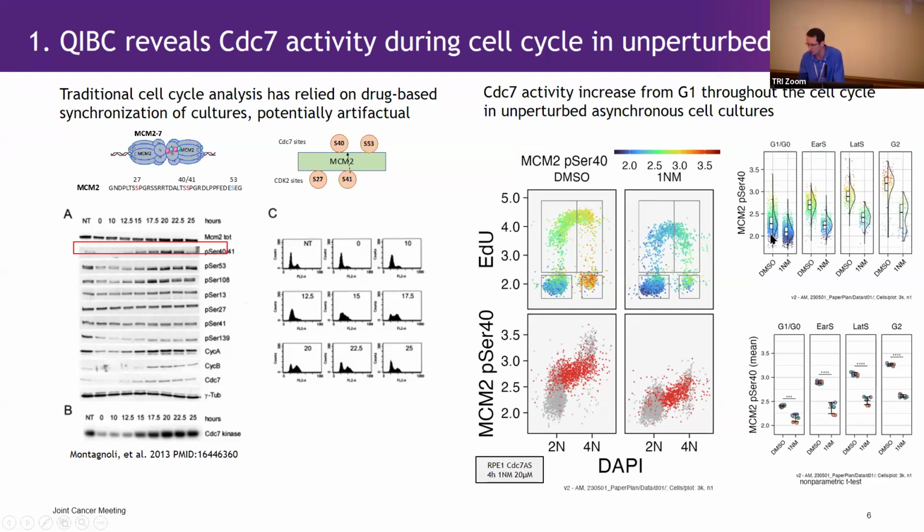We can already appreciate that CDC7 activity, although it's a kinase that regulates DNA replication, already starts in G1. It already phosphorylates its substrates in G1, and then the phosphorylation ramps up. When you have thousands of cells, what we usually do is take the means of these experiments to do proper stats.